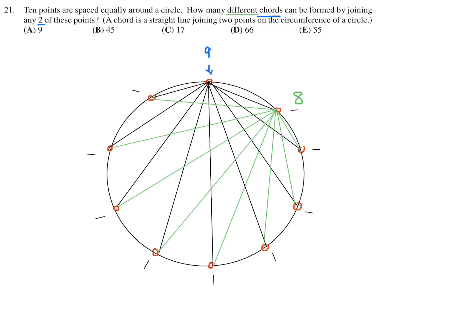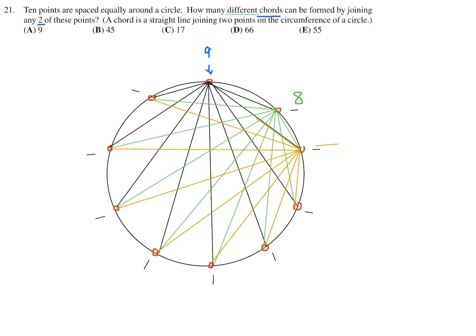All right, let's keep going. You probably already have an idea of what's going on here, but I'm going to keep going just in case. I'm going to go over here and I'm going to draw some chords. Again, can't overlap. 1, 2, 3, 4, 5, 6, 7, and that is it.